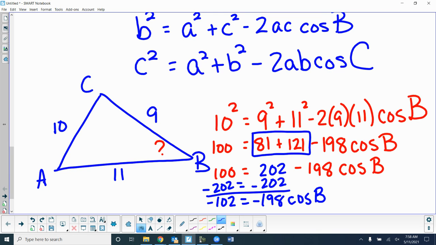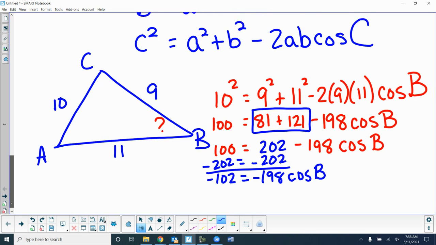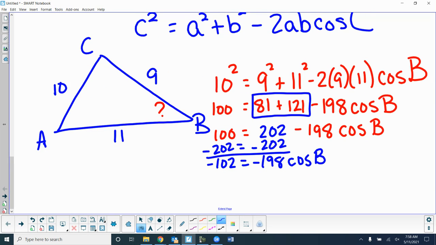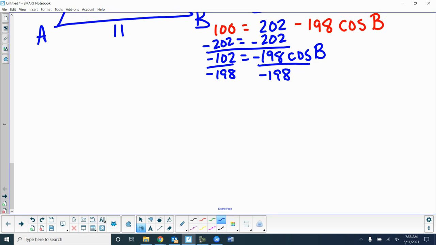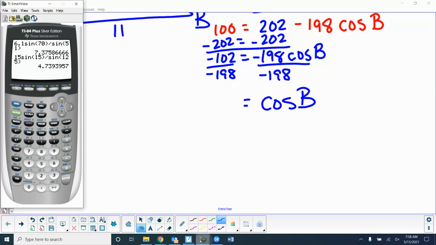So with that negative 198 now, I'm going to divide it. So the cosine of b is this decimal that we're going to get. So negative 102 divided by negative 198. All right, so that's 0.51.